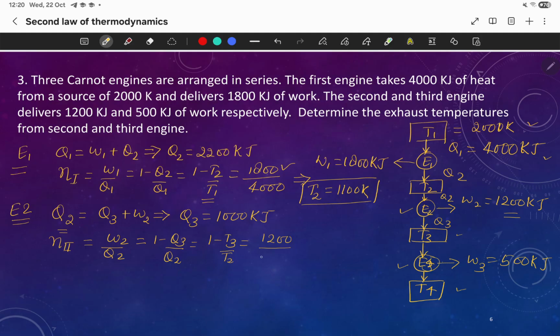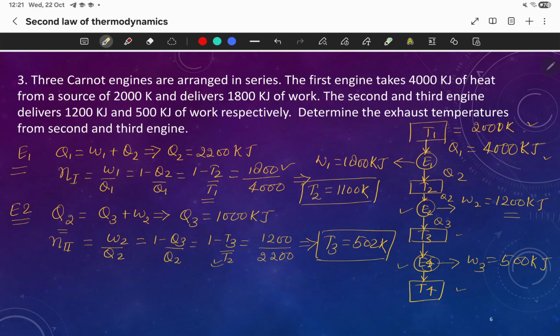Q2 is 2200. And we have the T2 value, which we already calculated. Now just calculate the value of T3 from here, and we will get T3 as 502 Kelvin. So this is the temperature T3.